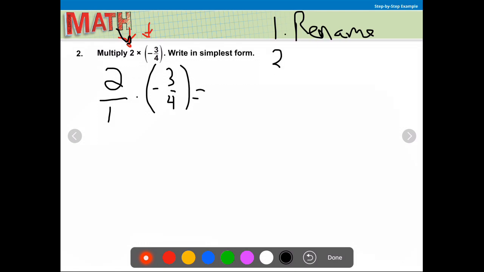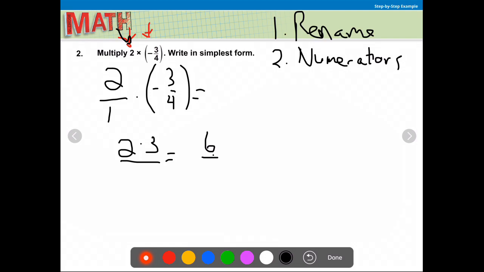Our step 2 is multiply the numerators. So that is 2 times 3, which is equal to 6. And our step 3 is multiply the denominators, and that is 1 times 4, or 4.